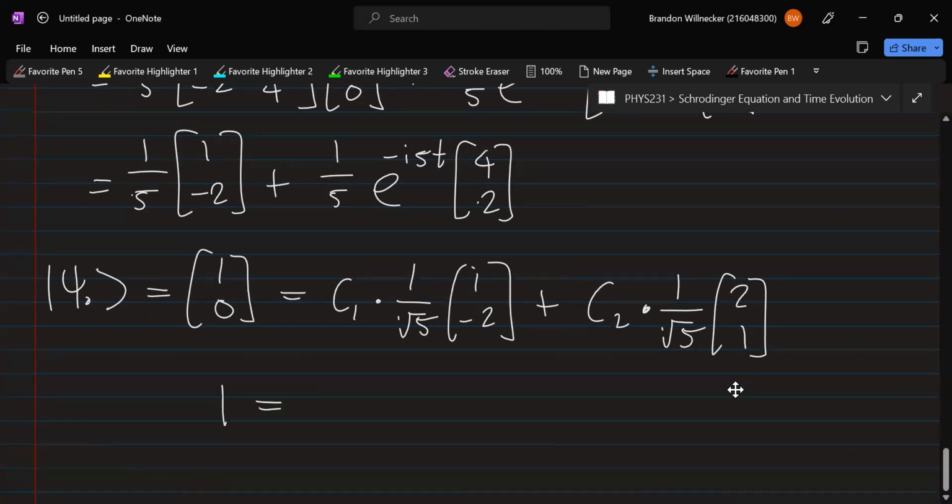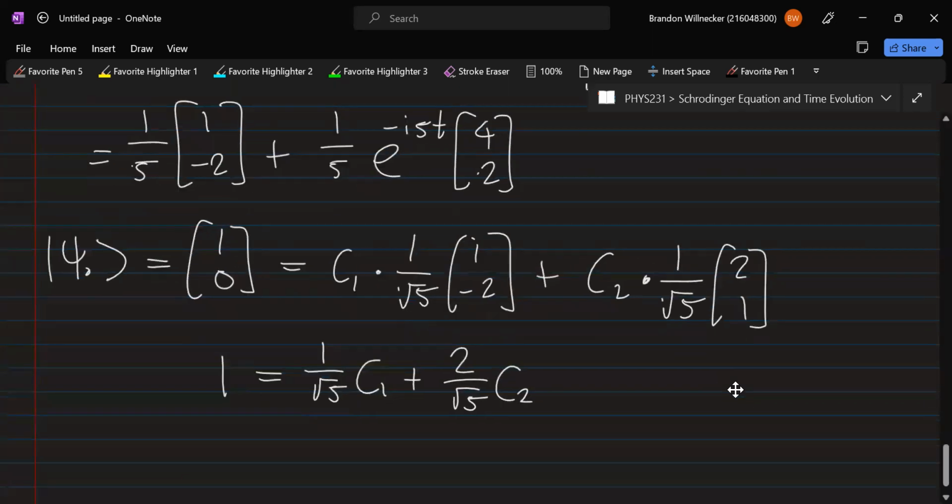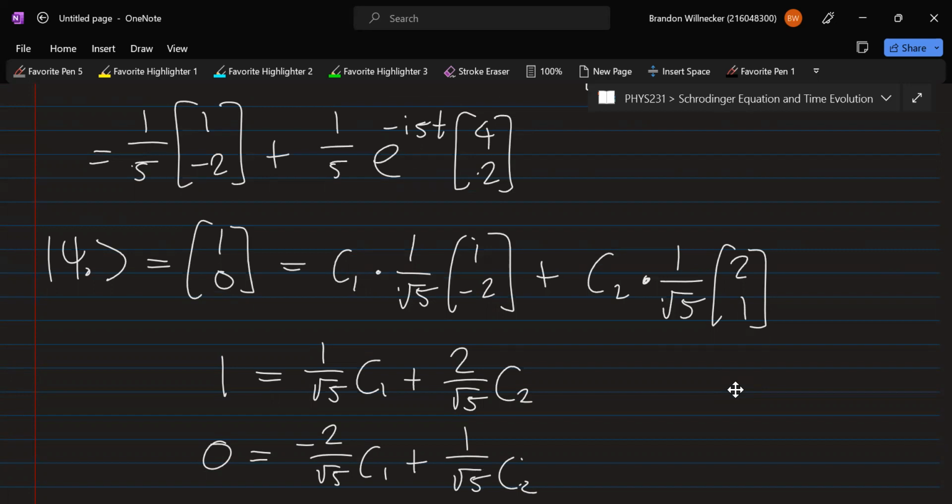So 1 is equal to 1 over root 5 times c1 plus 2 over root 5 times c2. That's if we look at the first components. If we look at the second, we're going to get 0 is equal to minus 2 over root 5 c1 plus 1 over root 5 times c2.